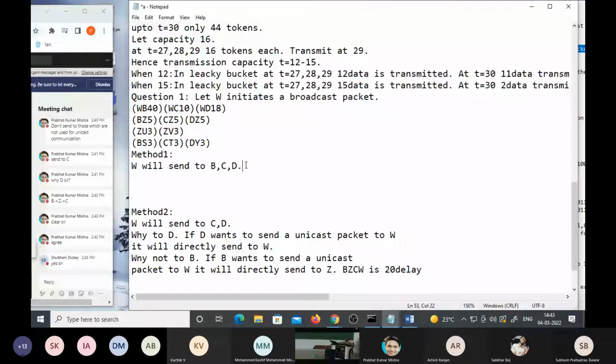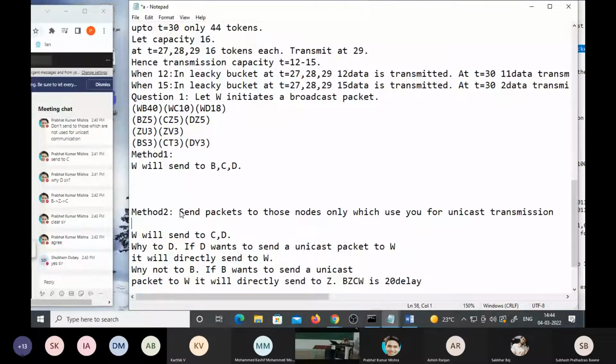In method 2, send packets to those nodes only which use you for unicast transmission to the initiator. Is it all right to you?